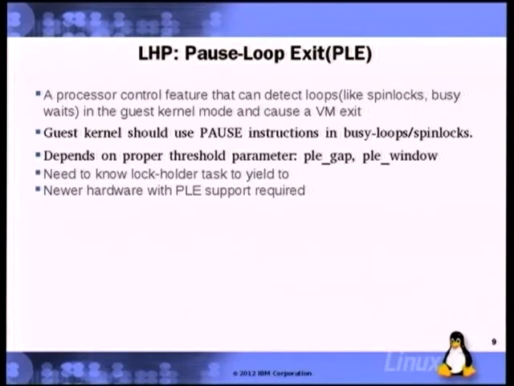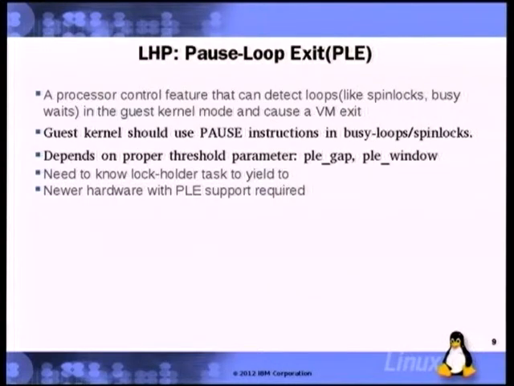It also depends on tuning the PLE gap and PLE window. These are the two tunables required to say when exactly to do a pause loop exit, say after 1,000 cycles of looping, do a PLE exit.